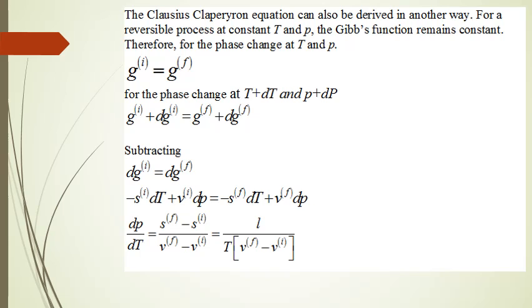Now subtracting the first equation from the second one, we get dg^i is equal to dg^f. Now putting the value of the Gibbs energy function as given by the property relation, we get minus s^i dT plus v^i dP is equal to minus s^f dT plus v^f dP. So dP upon dT is equal to (s^f minus s^i) upon (v^f minus v^i), which is equal to L upon T into (v^f minus v^i).